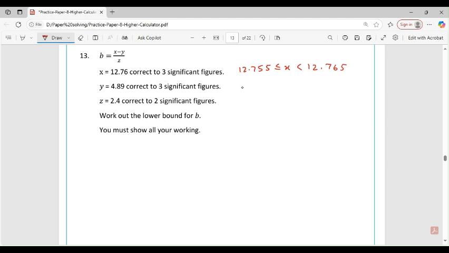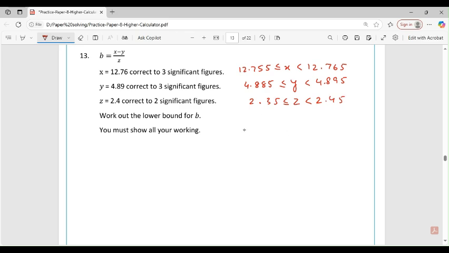And then for y, it's going to be 4.885, and within the range of 4.895, as you can see. And for the z value, it's going to be between 2.35 and 2.45. As you can see, all the lower bounds and the upper bounds are set.